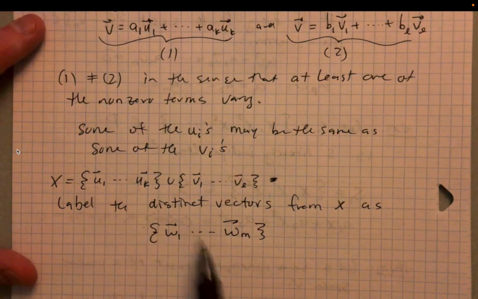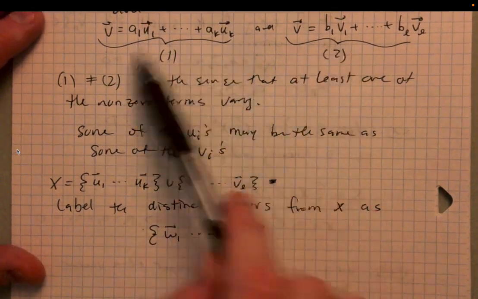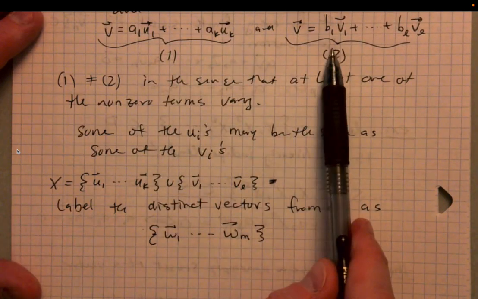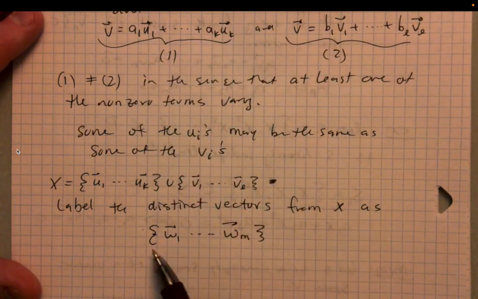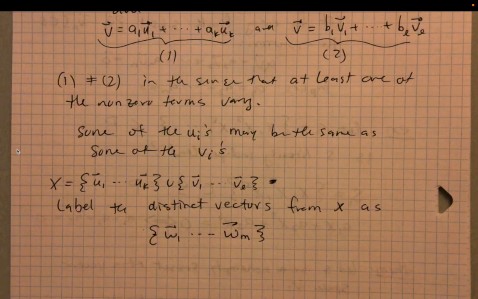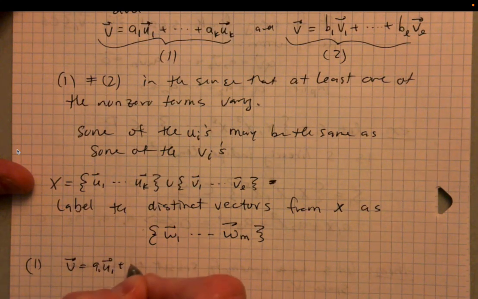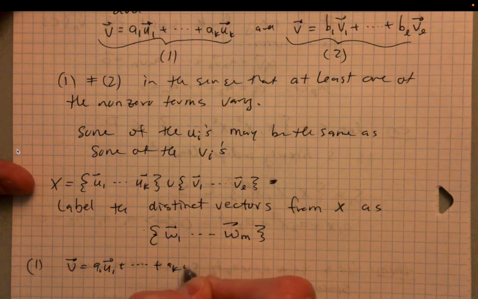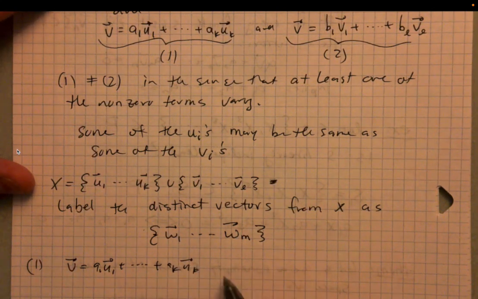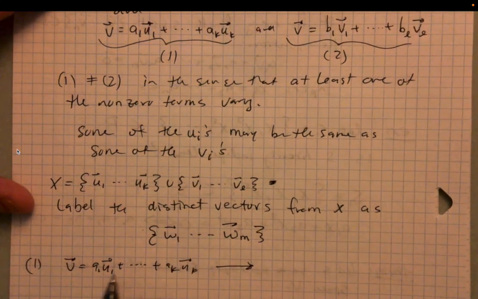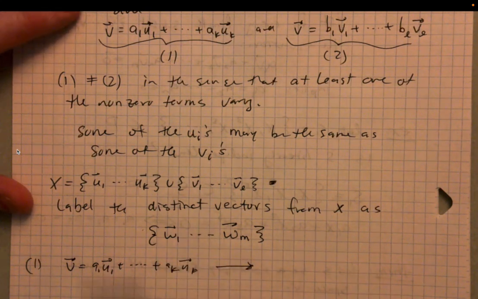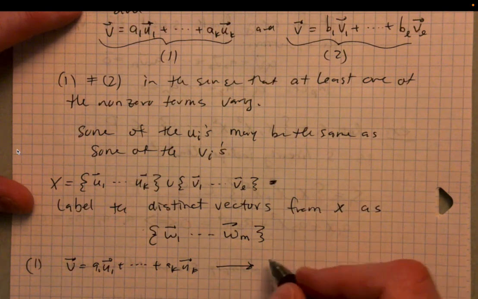So that being the case, we can revisit these linear combinations and re-express them in terms of W1 through WM. Let's re-express the first one. We said initially that V was equal to A1 U1 plus dot dot dot plus AK UK. We know that all the distinct vectors U1 through UK are captured in the W's, so let's rewrite in terms of W1 through WM.